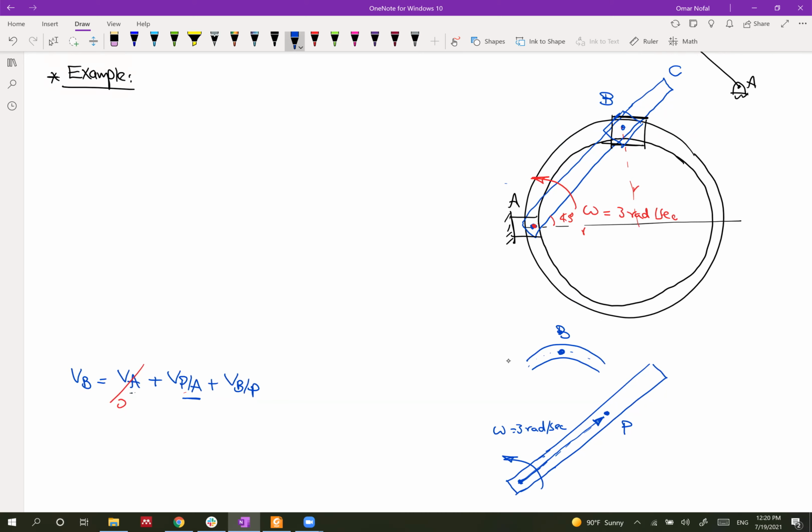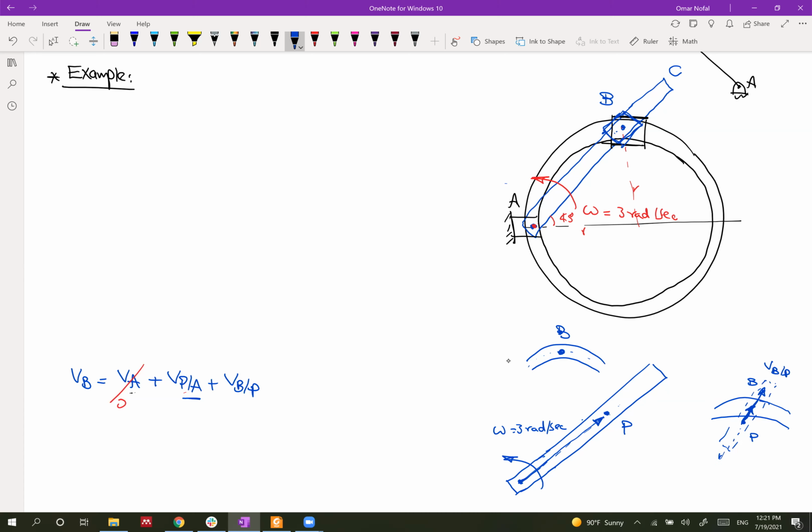And VB with respect to B, this one. So if you move this bar and this collar B goes down, let's assume that this collar is part of this bar, and this collar is moving at some point here, so it's leaving point P. So if this is the curve, and this is point P, and I have my bar like this, and B is here, and you construct a vector, you will know VB with respect to P. It's in this direction, or it could be in the other direction.